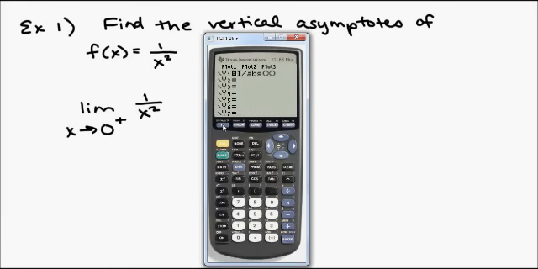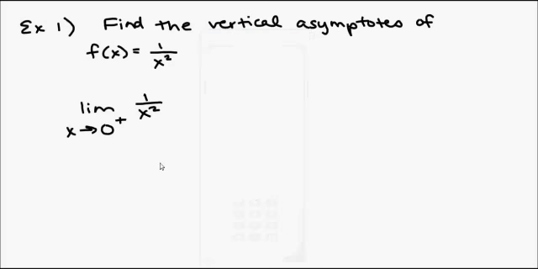So on the calculator, 1 divided by x squared. Oh, and this is our graph. This was the one that I showed you first during this lesson. If we look at the right-hand limit, approaching from the right over here, going up, we see that it is equal to positive infinity.